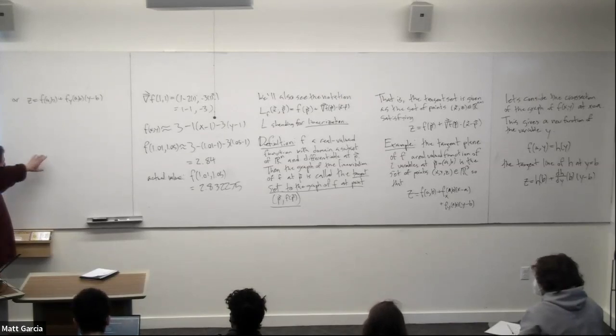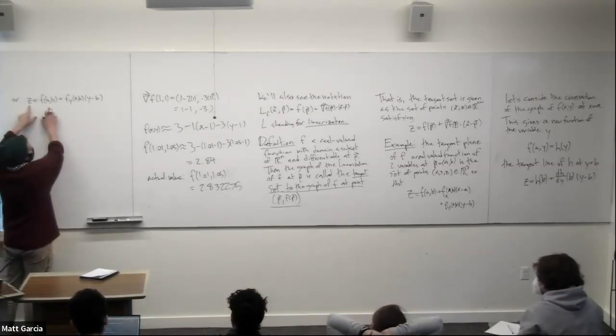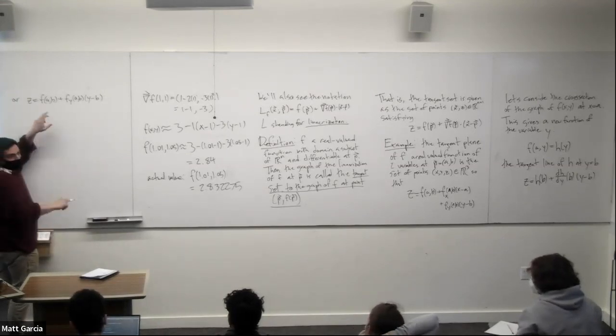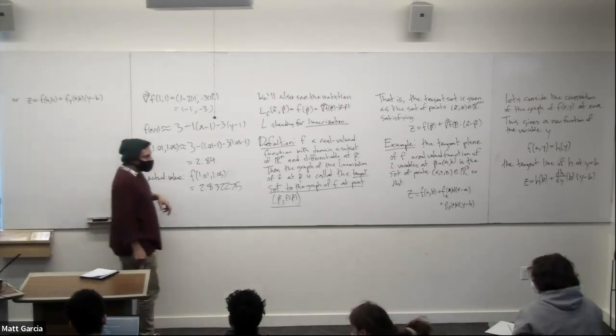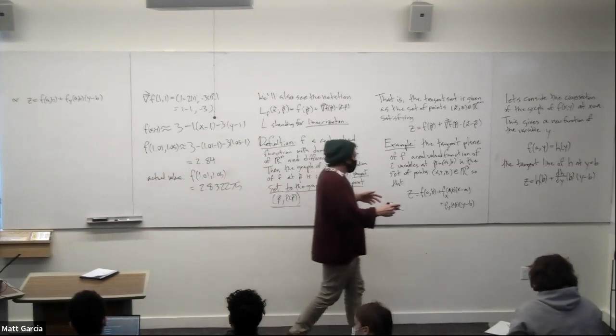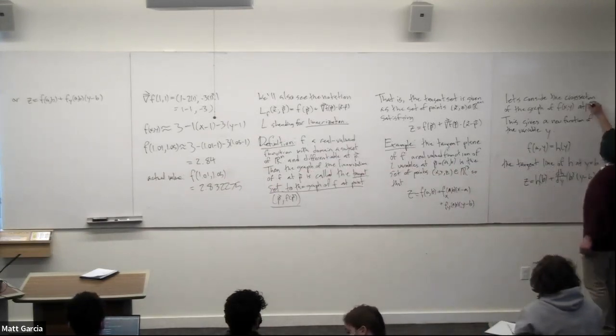Well, when I rewrite this, when I put my f back in here, this is now an equation of a plane, right? We also have another equation of a plane.